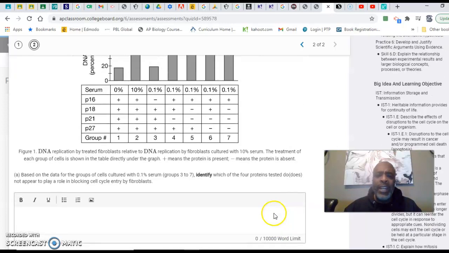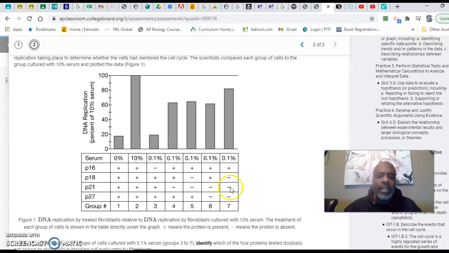We see here if these particular ones, for example, are not present, then these cells replicate, right? So part of the normal cell's process is to stop replication, and allow the cell to do its work, right?